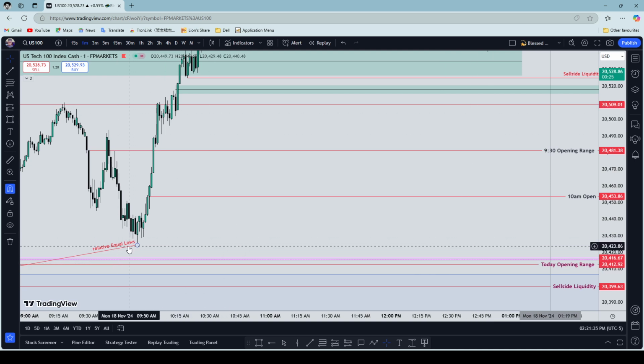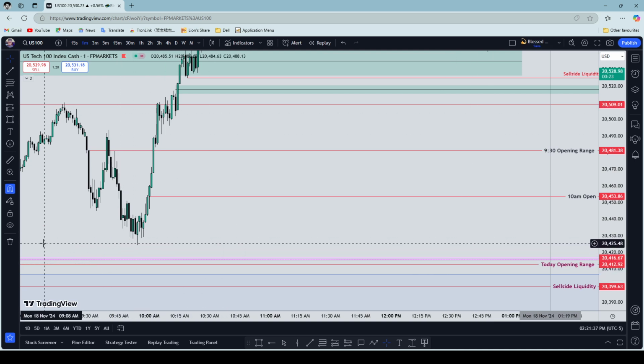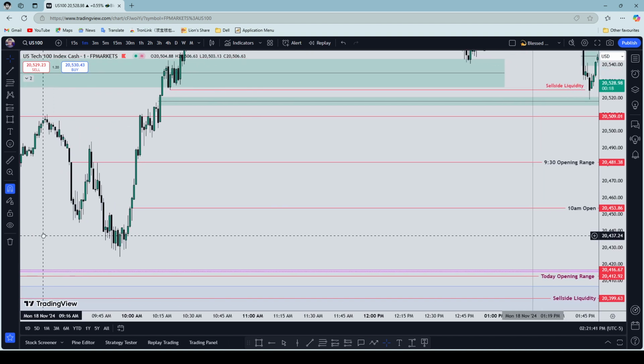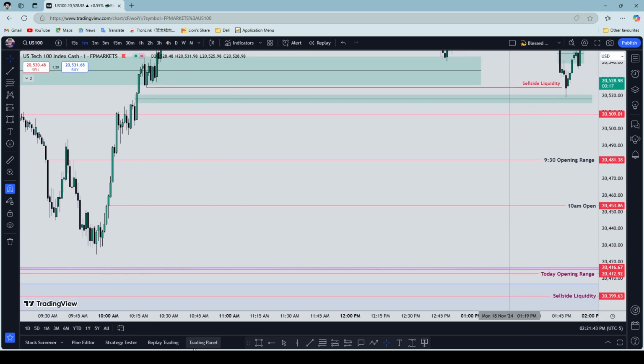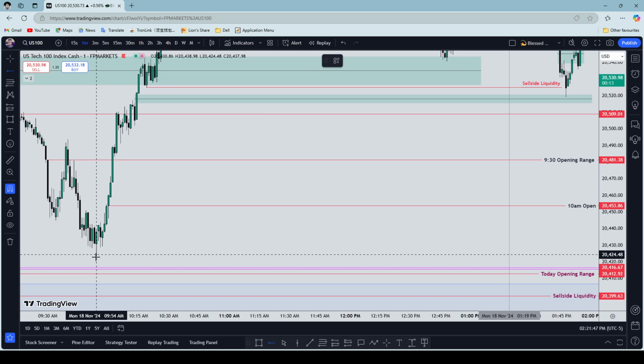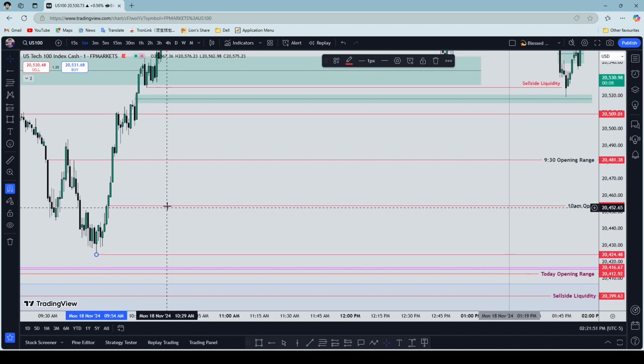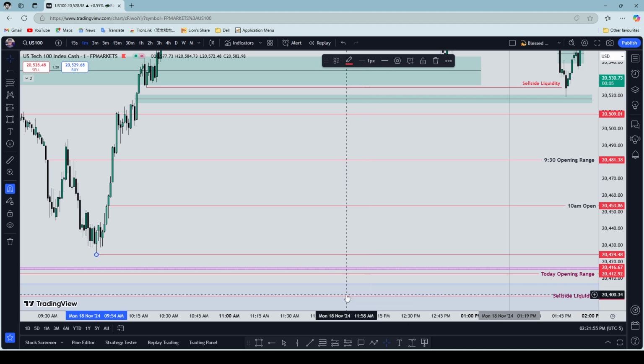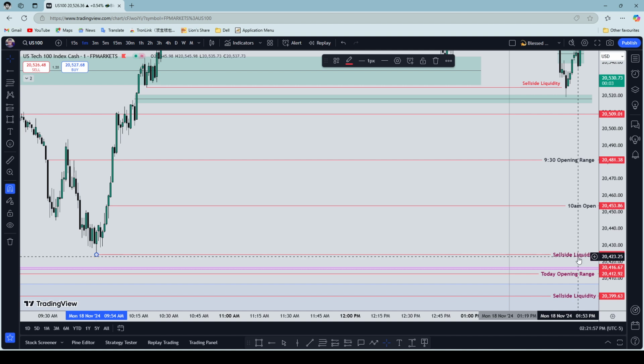This swing point, let's imagine this one was not there, and we only have this one like this. I can tag this, put my horizontal ray on this swing point, and call it what? Sell side liquidity, right here.